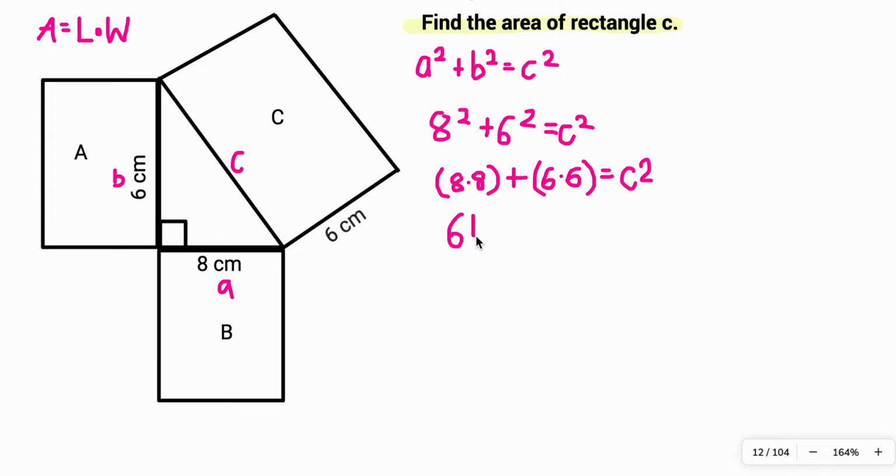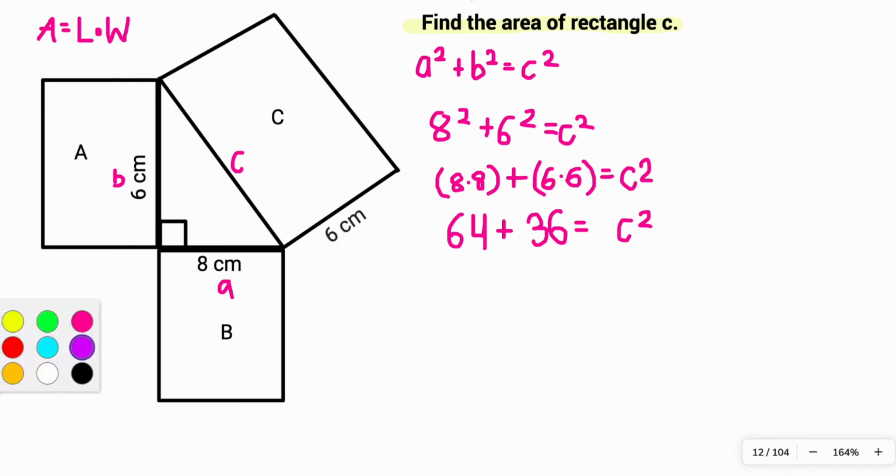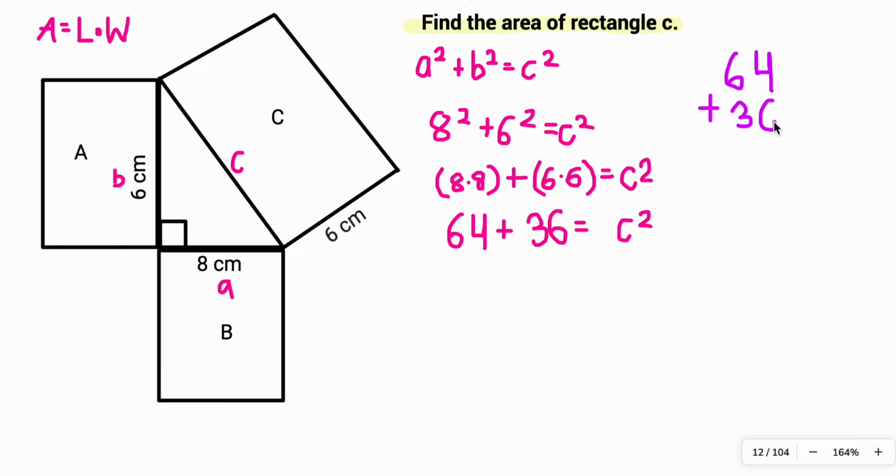Now we are going to solve those. We have 64 plus 36 equals c squared. And now I'm going to solve that in the corner. We have 64 plus 36, and we have 10, carry the 1, and then we have 10. So then we would have 100.